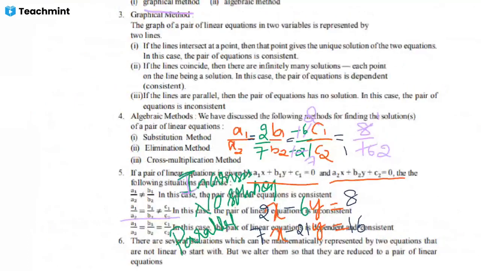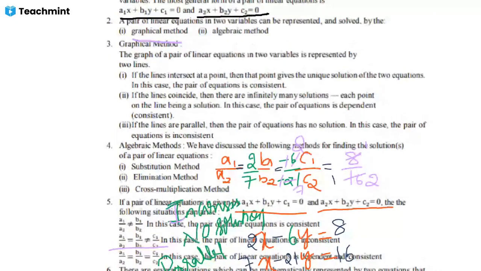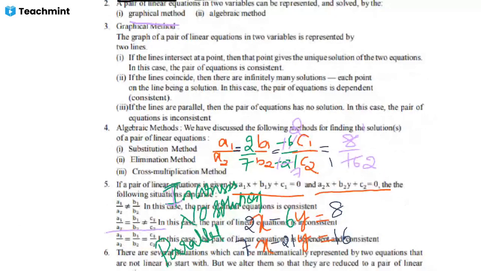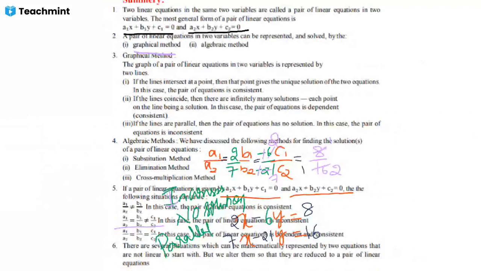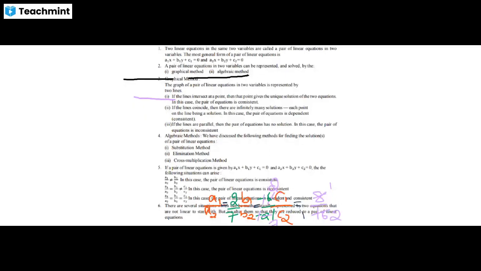Okay, then the word problems related to this. Cross multiplication method, reducing method, statement problems, word problems. Five problems are there, all five completed.